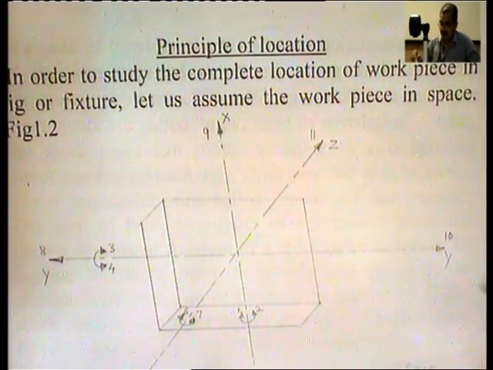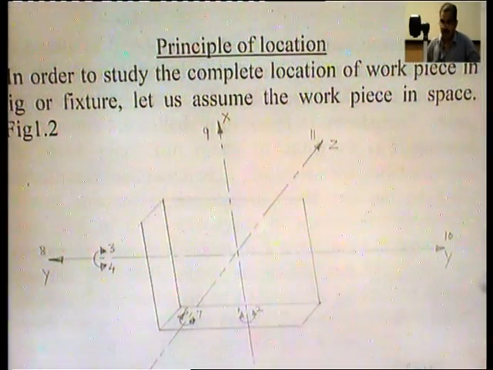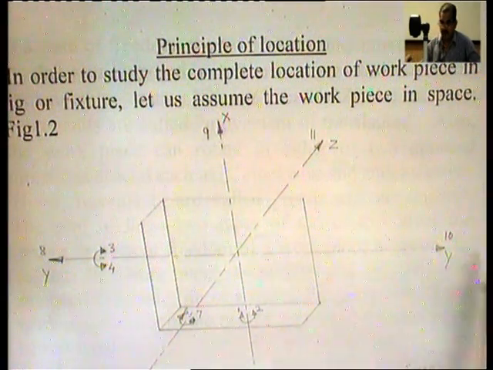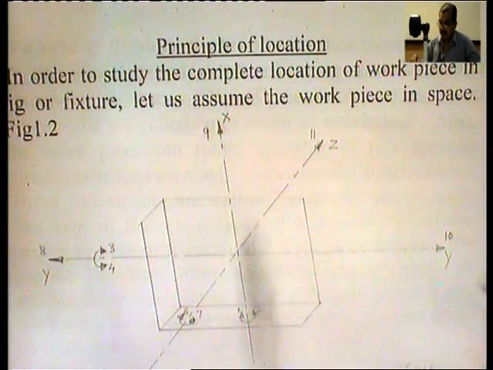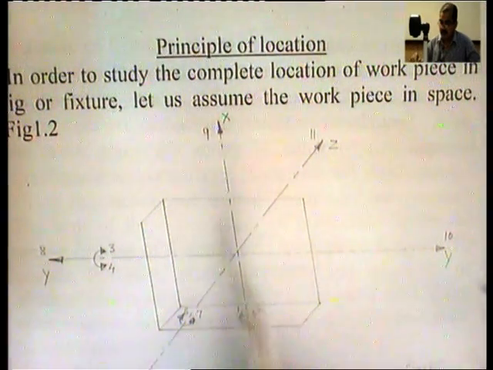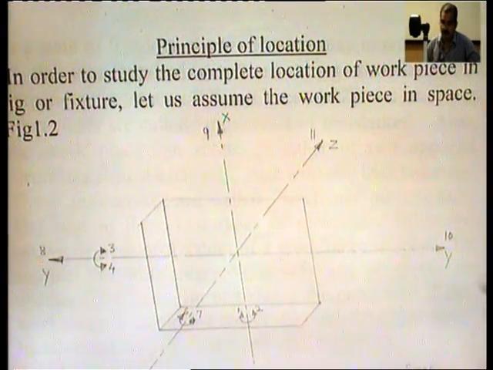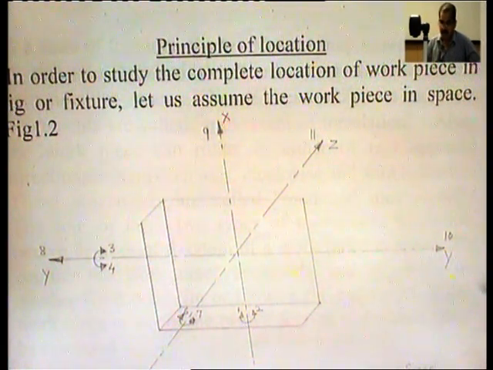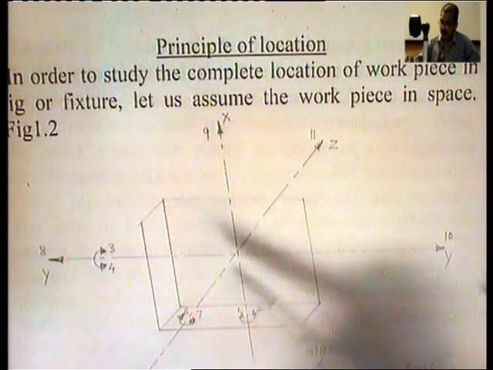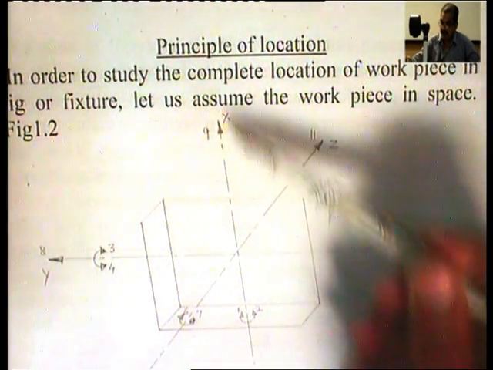One is x axis, second is y axis and third is the perpendicular axis, which is z axis. All these three axes are perpendicular to one another. Now, here are the possibilities in which this job can move or rotate. First possibility is this job can move in this way or in this way.